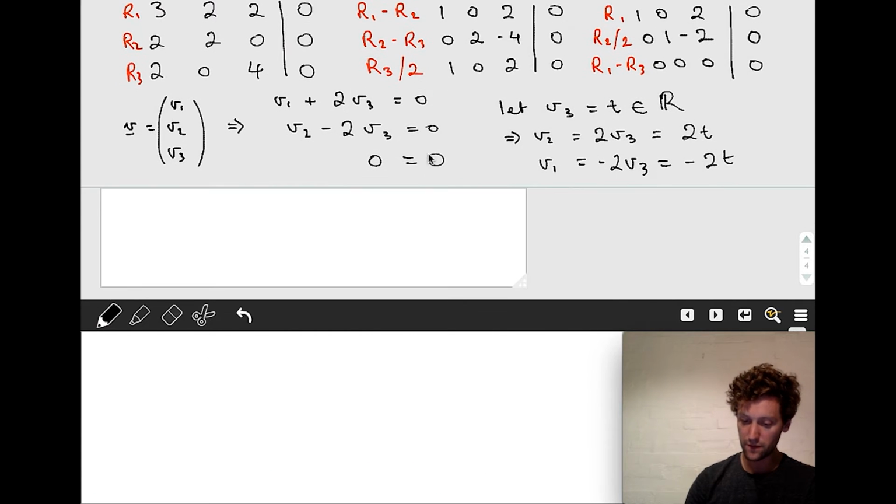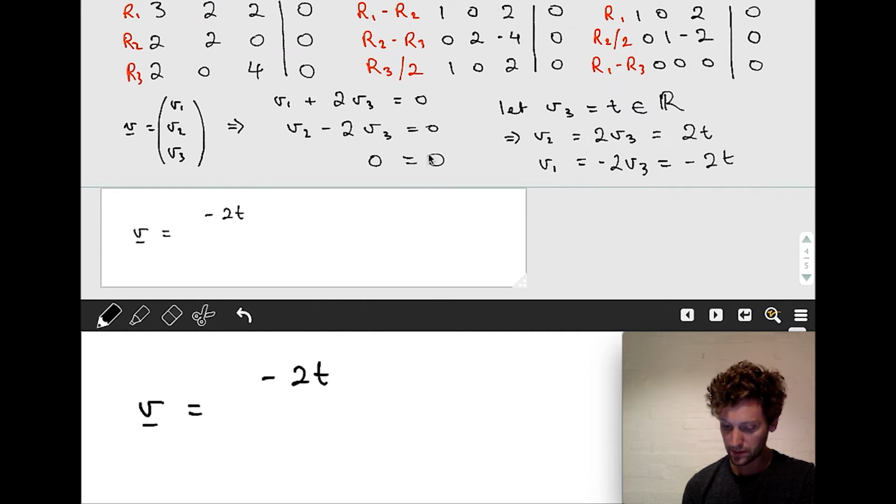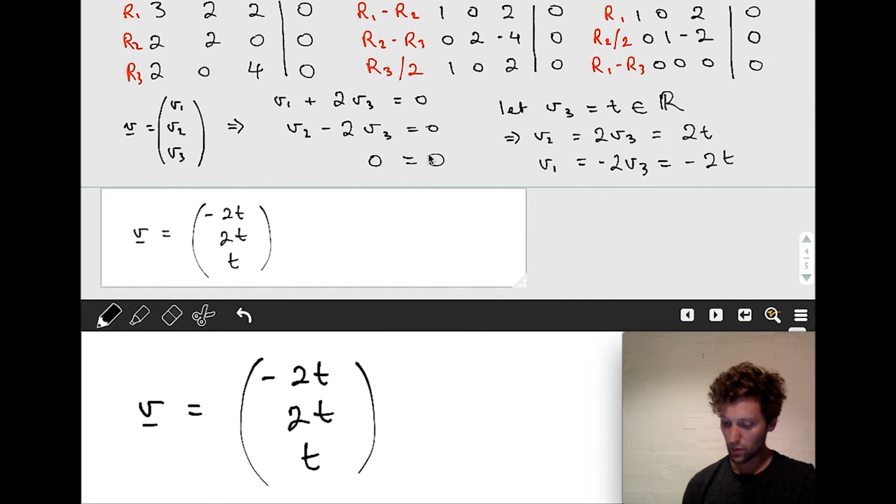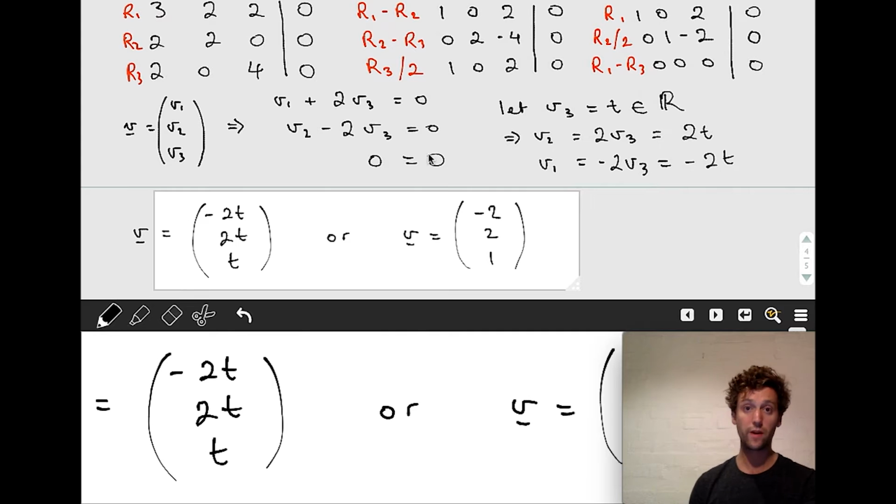So my vector v, for the case of lambda equal to 0, is going to be (minus 2t, 2t, t). Or, because I can define an eigenvector up to any multiple, I can set that equal to (minus 2, 2, 1). I can choose whatever value of t I want.